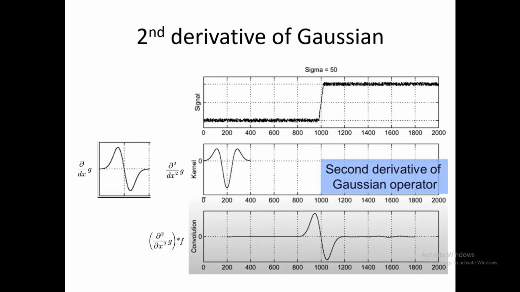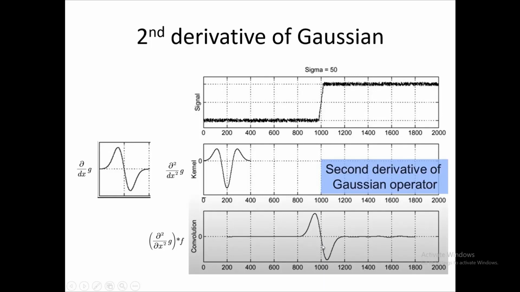Now if we convolve this kernel with our function f(x), we get this nice zero crossing, and here we get the strong slope, and this is what corresponds to our edge. With this idea of strong slope and zero crossing, we don't have to find the general maxima.